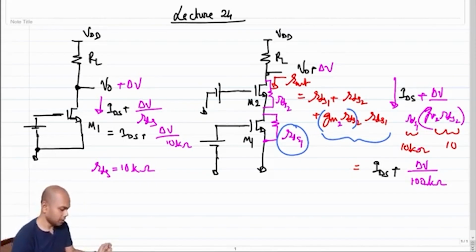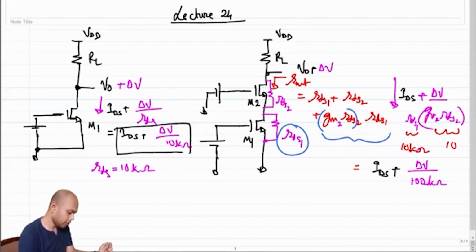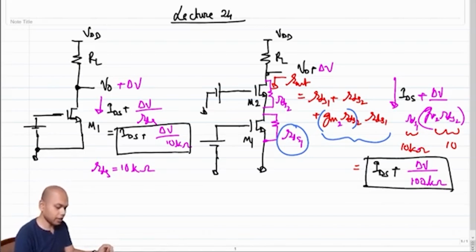Yeah, okay. So the change in IDS would have been delta V over 10 kilo ohm. In this case, the change in IDS is delta V over 100 kilo ohm. So clearly, you see that there will be a considerable amount of change in the incremental current.